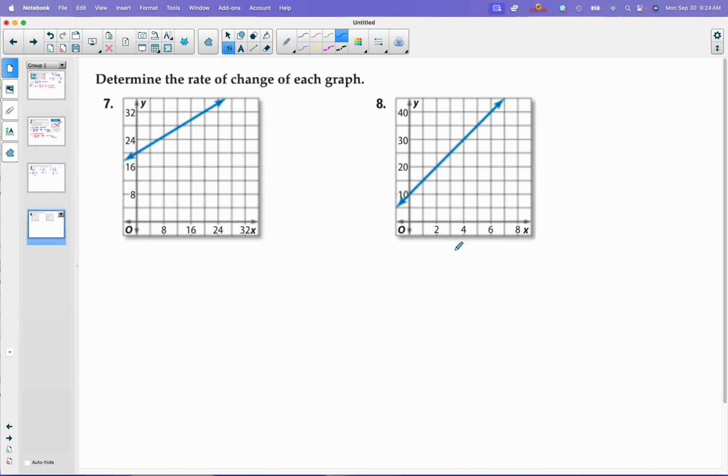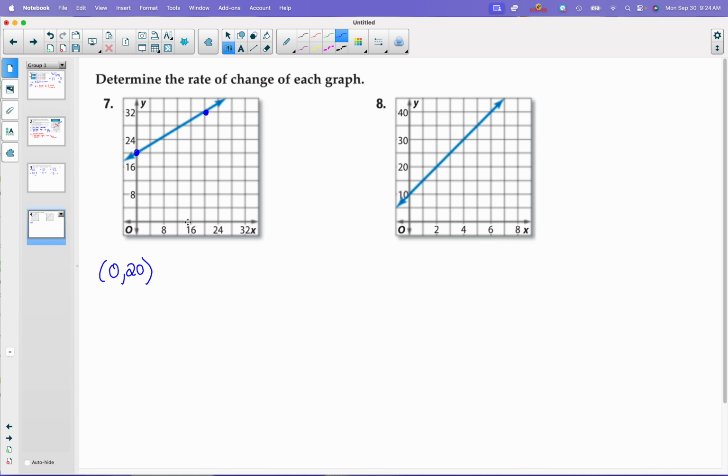And on these last two, we're determining the rate of change from the graph. So when you do that, I recommend you just find a couple of points that are on the grid points. So it looks like right here and right here. So you can do this a couple ways. You can either count, but it's a little tricky because of the scale. So if you want, you can think of this as the point 0, 20.